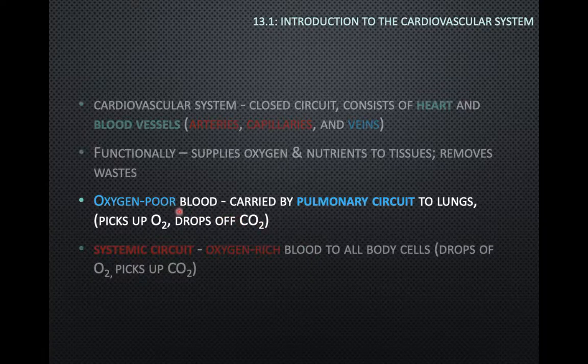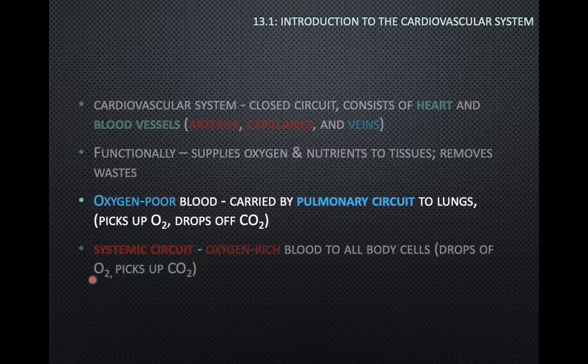So when we look at oxygen poor blood, or the pulmonary circuit, this is blood being carried by the heart to the lungs, picking up oxygen in the lungs and dropping off waste products such as CO2. Looking at the systemic circuit, we have oxygen-rich blood coming back from the lungs, where it has just picked up all of this oxygen through the hemoglobin on the cells, and it's dumping it back into the heart and then out to the systemic circuit, which is the rest of the body, dropping off oxygen to all the cells and tissues and then picking up carbon dioxide.